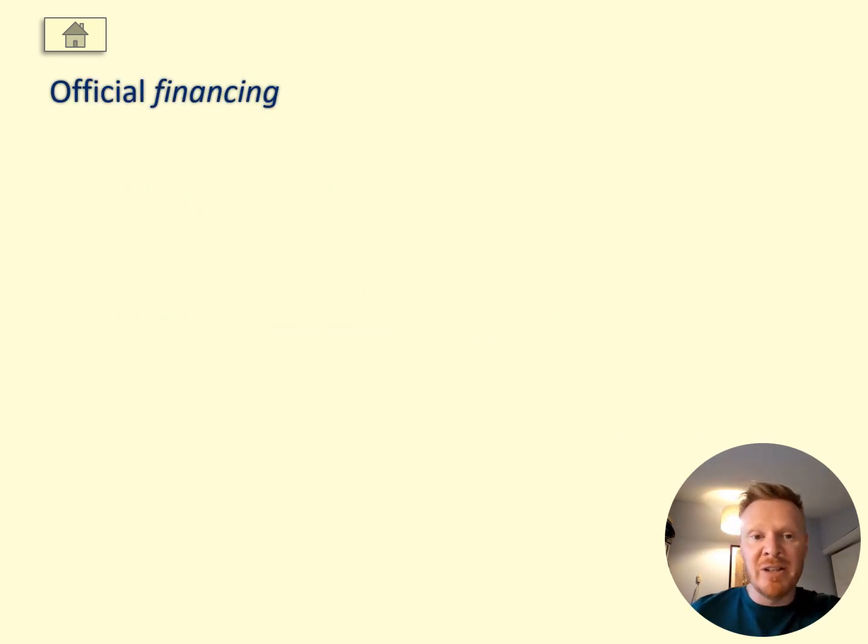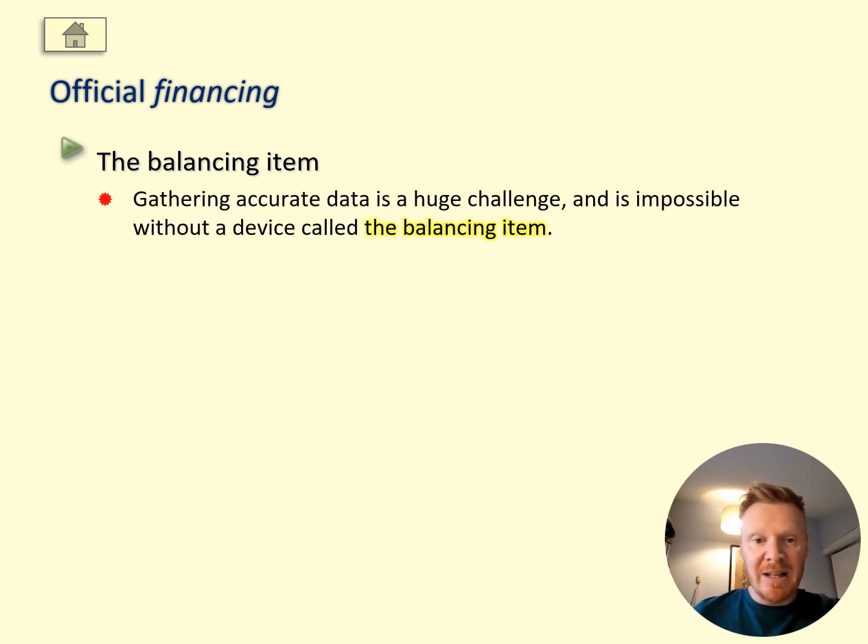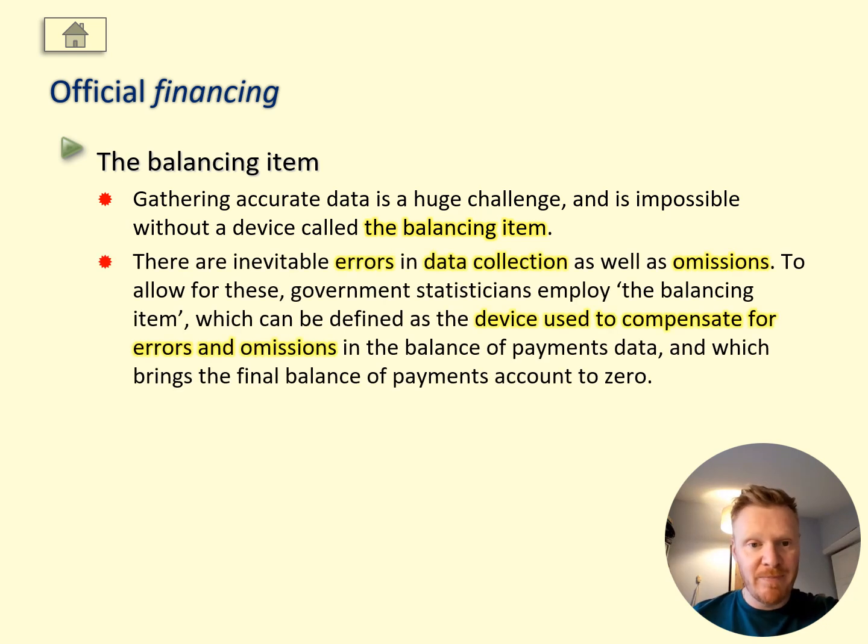So let's have a quick look at that official financing, which is known as the balancing item. Gathering accurate data is a huge challenge, and it is impossible without a device called the balancing item. We saw on a previous slide that we're talking about billions of pounds worth of stuff coming in and out.